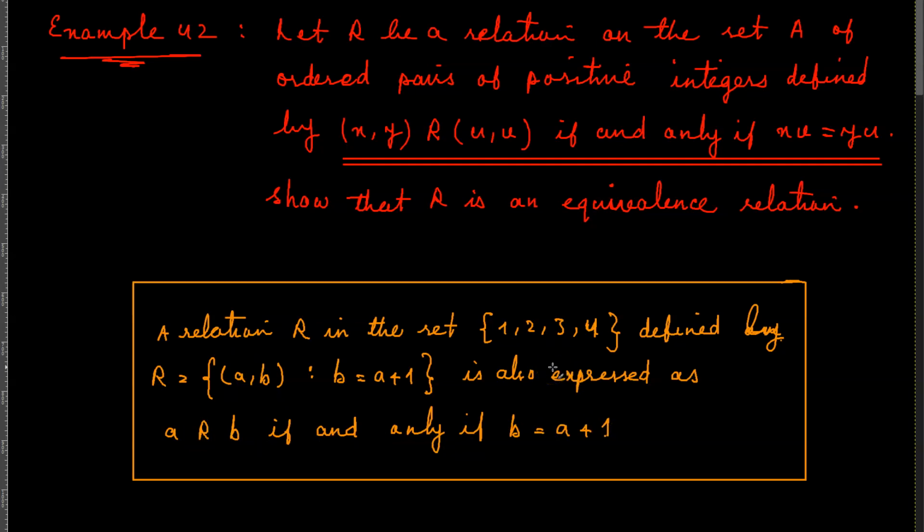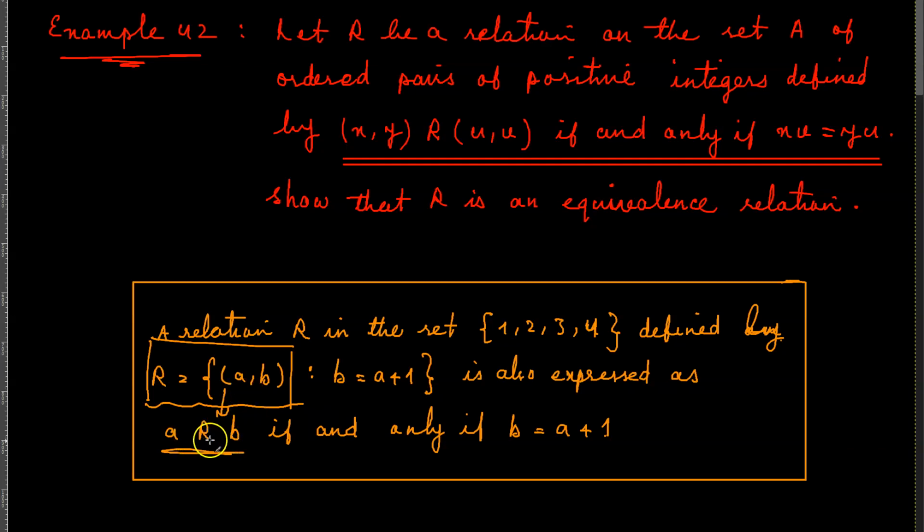Meaning that instead of writing that R is equal to all of these ordered pairs (A, B) such that B is equal to A plus 1, you could roughly say that this part is translated into this part here, which tells you that there is a relation between A and B, and R contains all of these ordered pairs A and B.